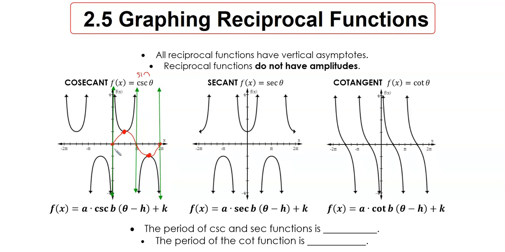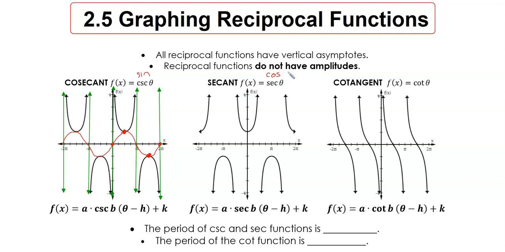Sometimes the easiest thing to do is to graph your sine function, and then at all of your midline points, draw your asymptotes, every pi in this case. Then the cosecant graph is just going to flip in the other direction from my sine graph.